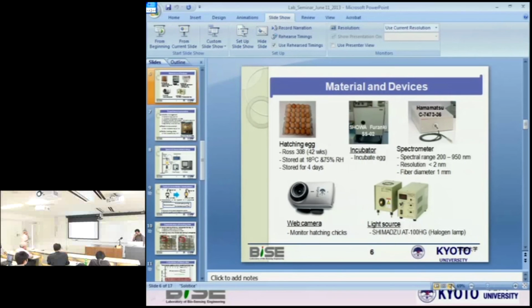Color temperature, I forgot, but I have the specification. If you focus on the visible region, maybe 4,000 or 5,000, but not so big power. Or 2,000 or 3,000, big power. I don't have enough information. More discussion later.